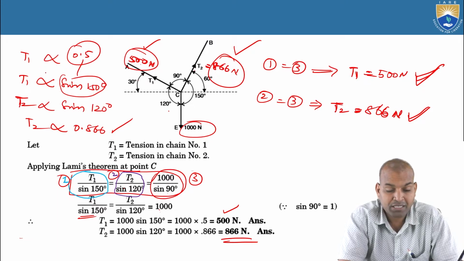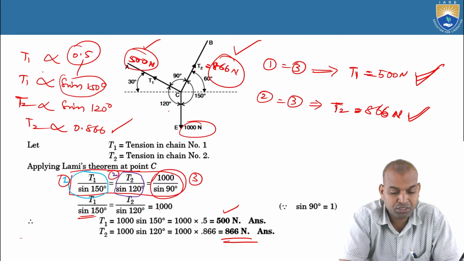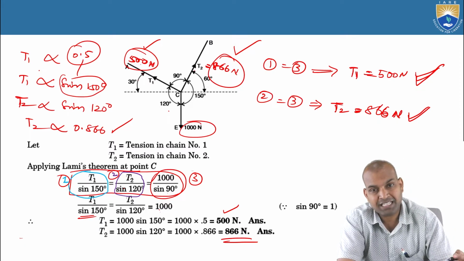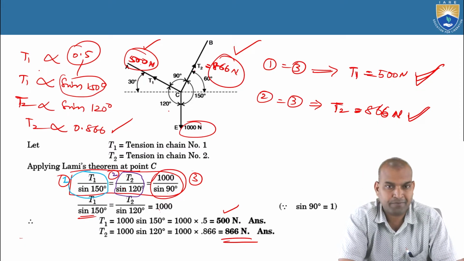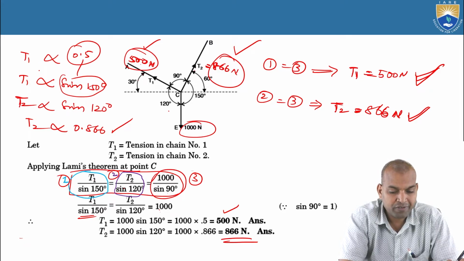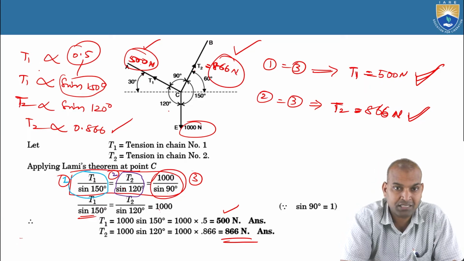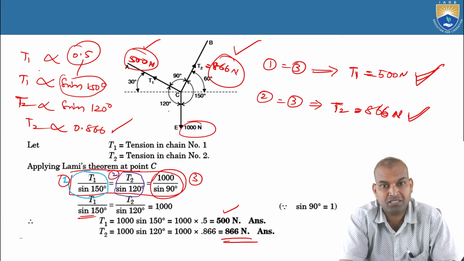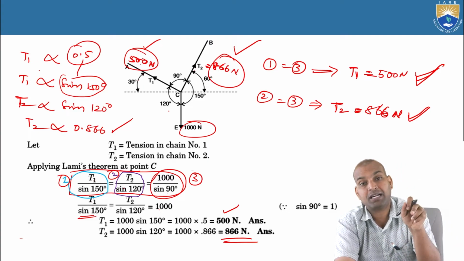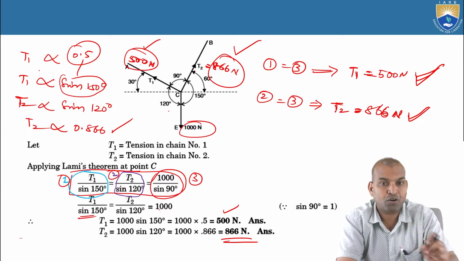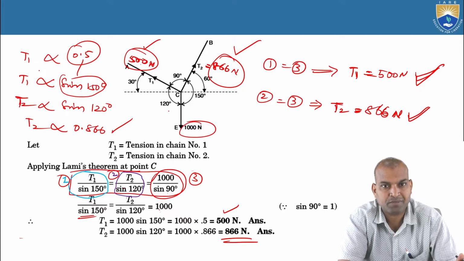This is a very important interpretation: why we got the T1 value smaller in comparison to the T2 value. The concept came from Lami's theorem. If you only read the textbook, we can't get these interpretations unless a person who has experience interprets, speaks, and correlates the concepts with the calculated results.